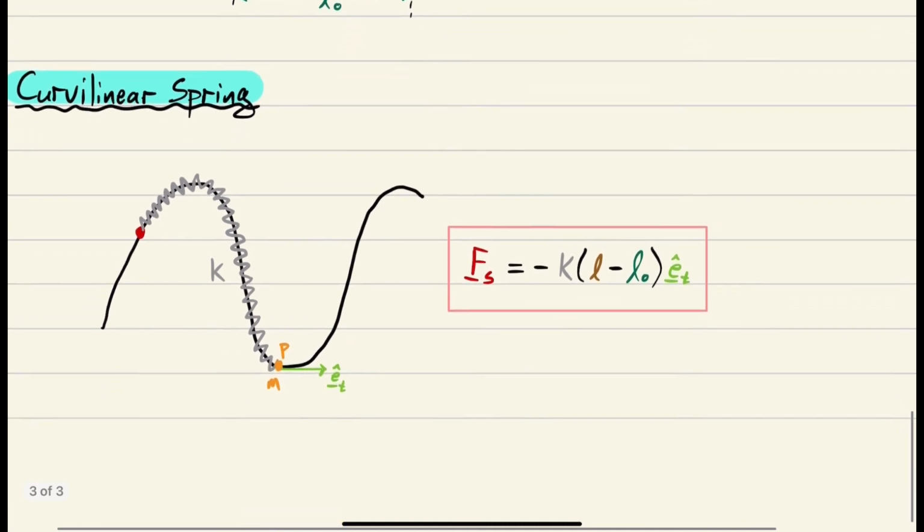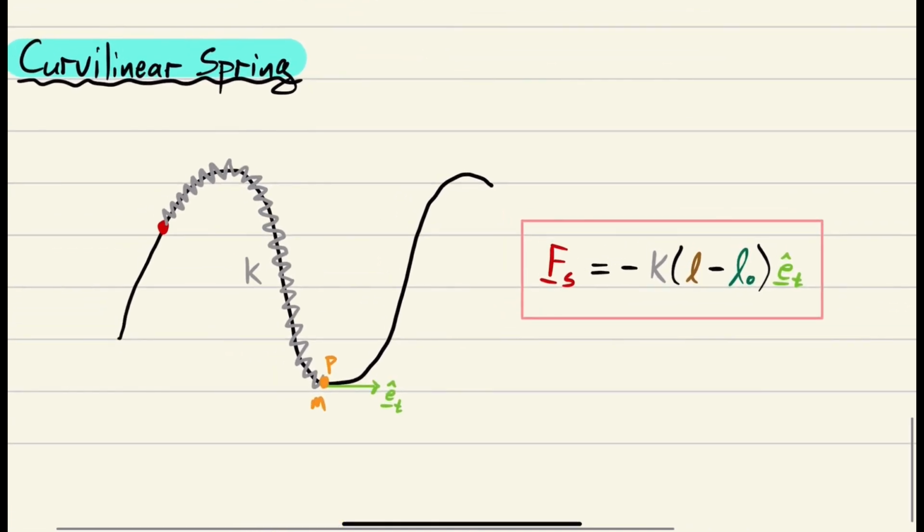And the last thing I want to talk about is this curvilinear spring, which sometimes you'll see. So if you have your attachment point here on this track, and the spring follows the track, so it's curving around some trajectory, then the spring force is the exact same equation, except now U sub s is replaced with e sub t, which if you go back to our intrinsic coordinates, you'll know that is the tangent unit vector.